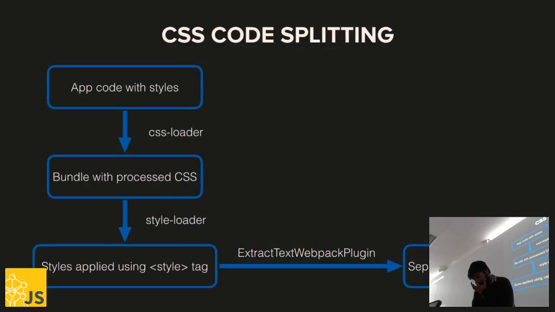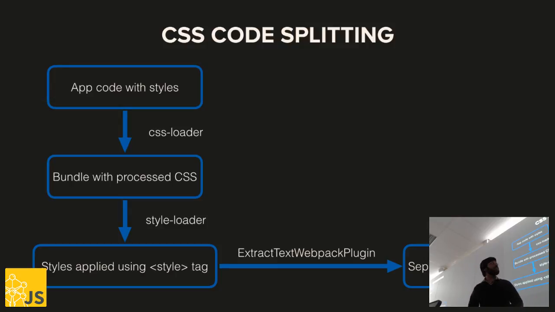So let's talk about CSS code splitting. You have your app code with the styles. In order to make Webpack understand CSS, you need this thing called CSS loader. Like I said, Webpack understands only plain JavaScript.